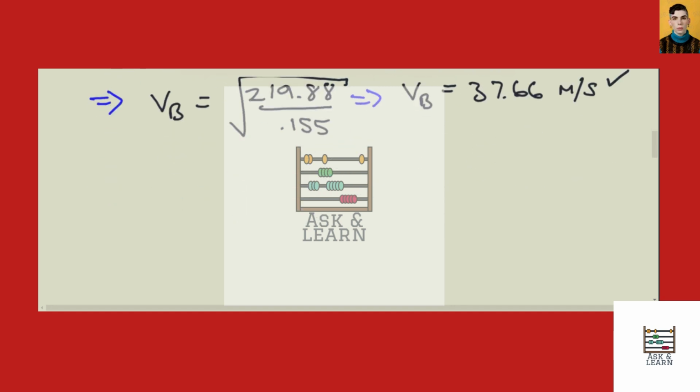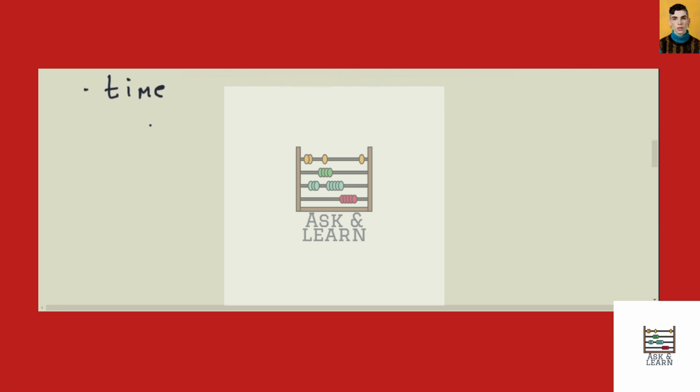Now we need to find time, and we can do that using a kinematic equation now that we know the velocity. We can use y final equals y initial plus the velocity b in the y direction times t plus 1/2 a t squared. Plug in your numbers. Right when it hits the car, y final is actually 5 feet above the ground.